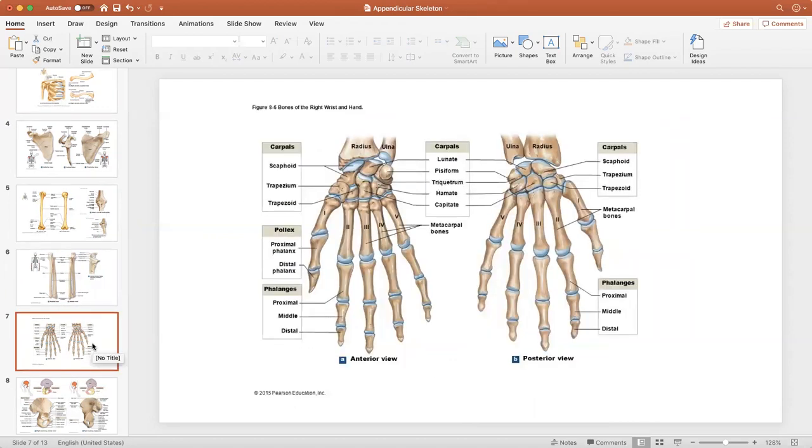And here we have the carpal bones and the metacarpals. And yes, you need to know all of the carpal bones. You need to know where they are and what their names are. So come up with a little helpful acronym for that. I'll say, what is the most lateral proximal carpal bone?